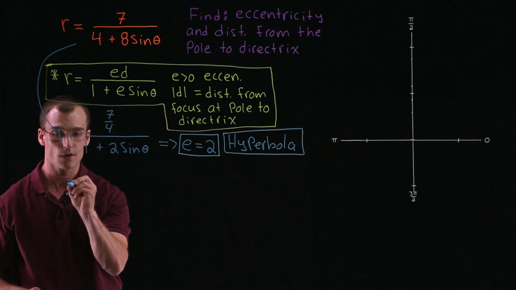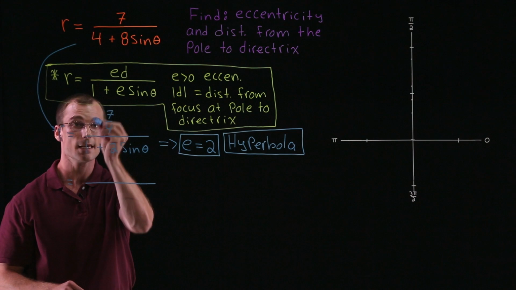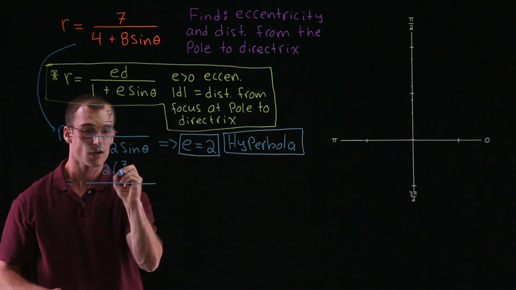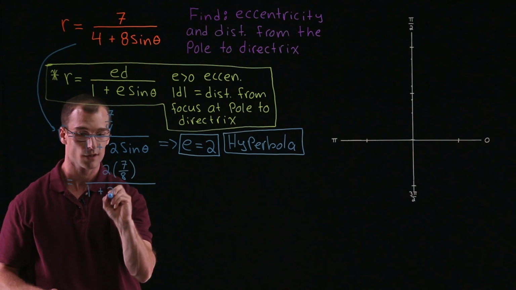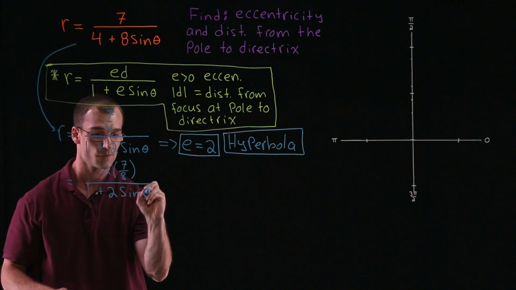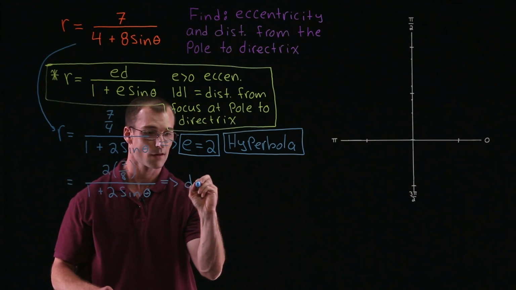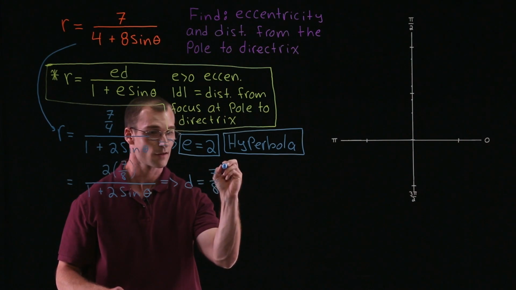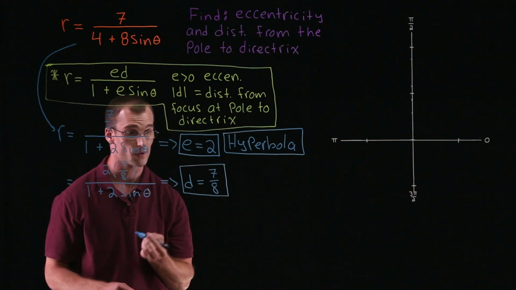If we want to write the top as e times d, and e is 2, we can write 7/4 as 2 times 7/8, and our bottom is still 1 plus 2 sine of theta. That implies that d, the distance from the pole to the directrix, is 7/8.